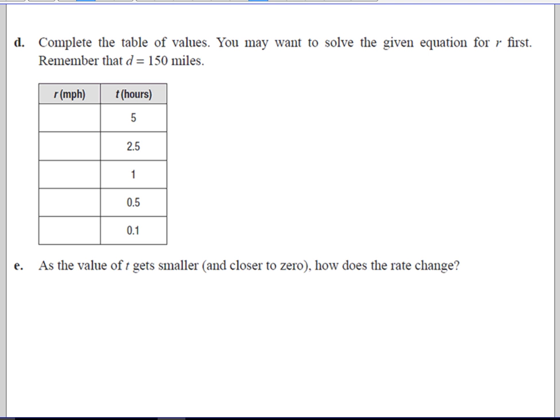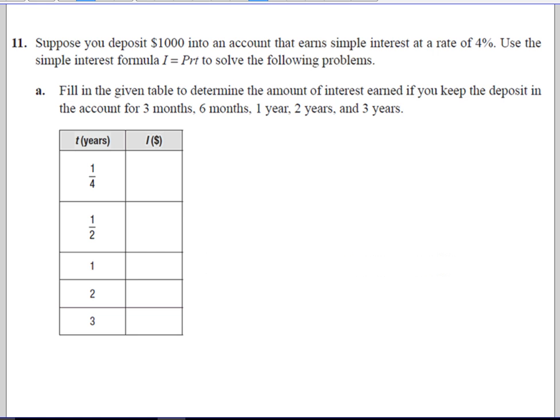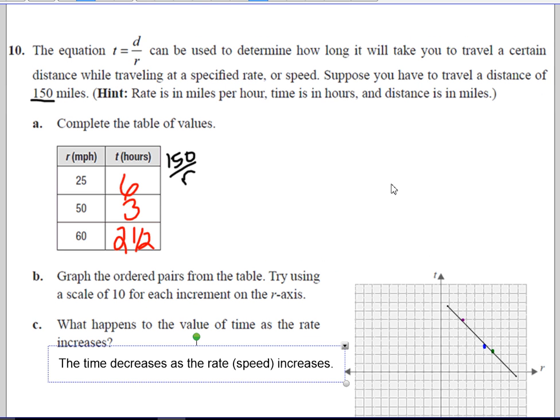Here's another part. So, what happened to the first part of question 11?